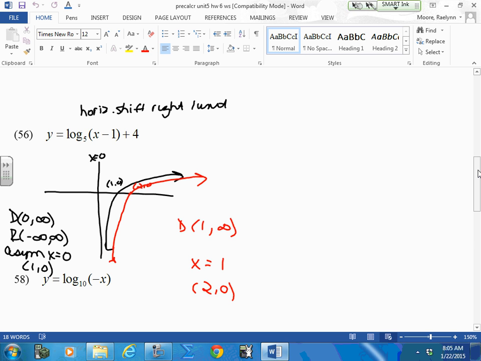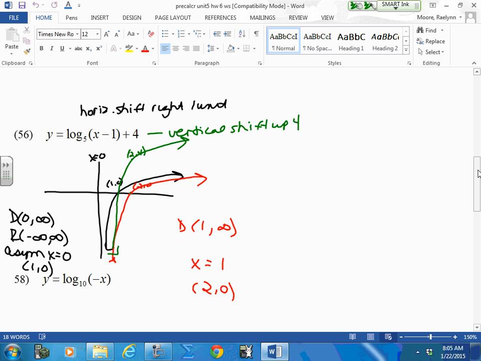Okay, what's the next transformation that we see? Vertical shift up 4. Good. Nope, the range doesn't change. Good. So we're going to take this guy and move this up 4. So at the 2, 4, we know we're passing through here.